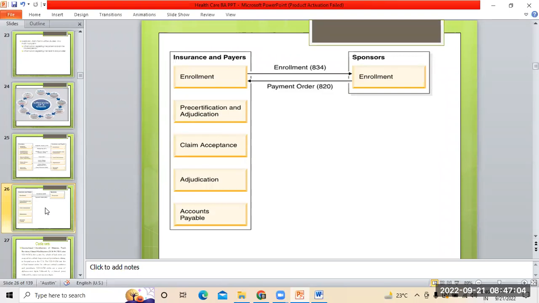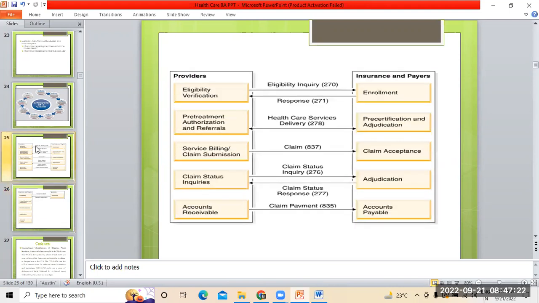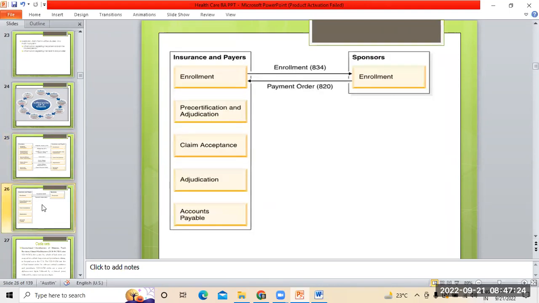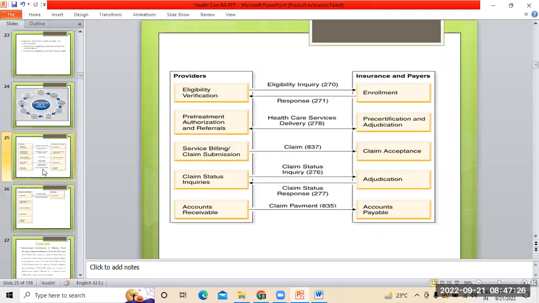In terms of the enrollment procedure we followed in the beginning, the transaction from an insurance organization to the sponsor is 834. So please remember 834 will be used for enrollment, whereas claim payments will be done on 835.